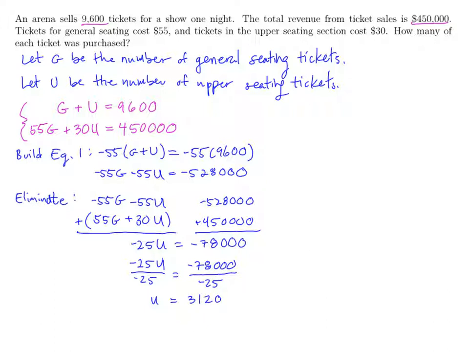Now that we have the value of U, we can go back and determine the value of G. The first equation, which states that G plus U equals 9,600, will be the easiest one to determine that with. So now we will find G, and we know that G plus what is now 3,120 has to equal 9,600, and that means that G then equals 6,480.